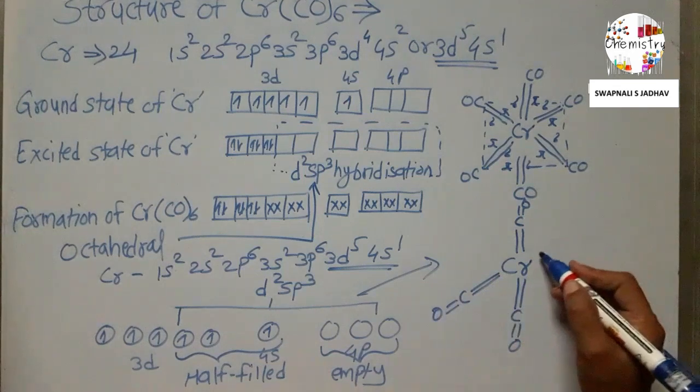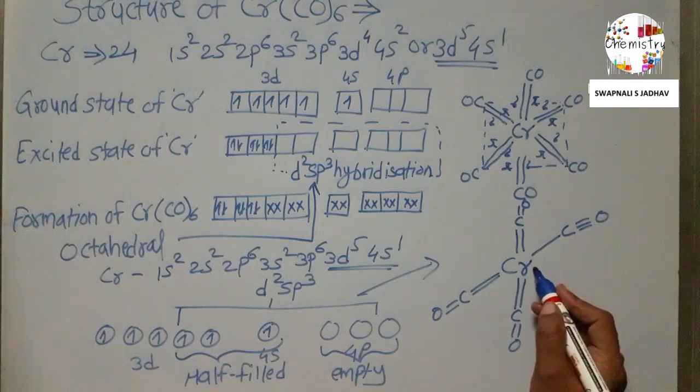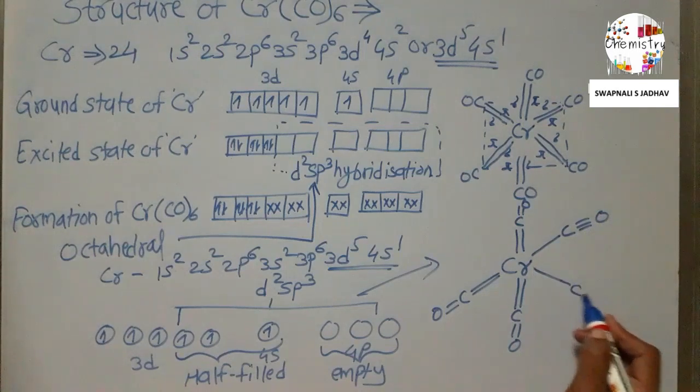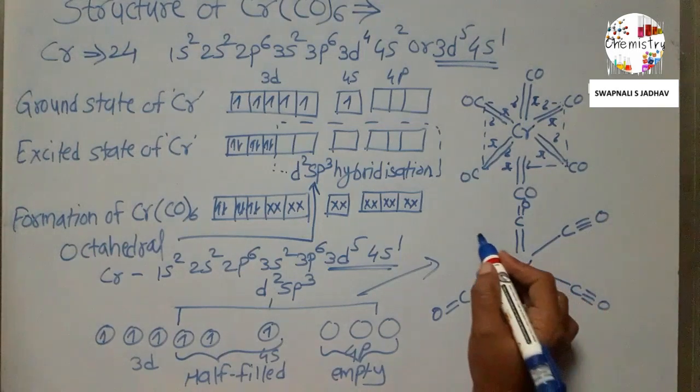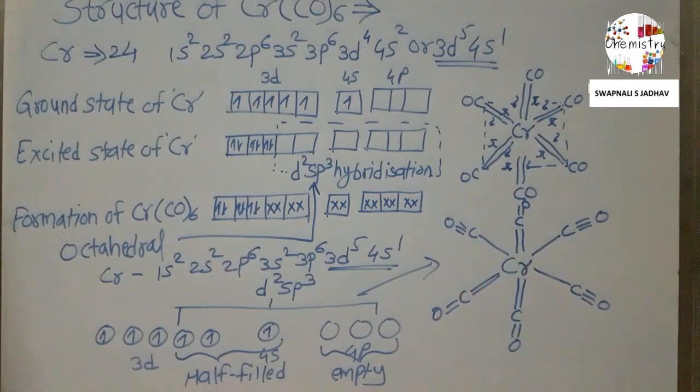So these three are called C triple bond O, C triple bond O, C triple bond O. So this is the structure of Cr(CO)6. Here we completed the structure of metal carbonyls.